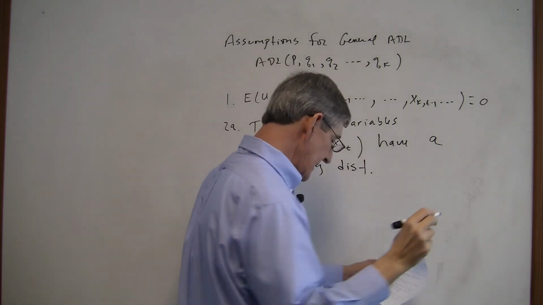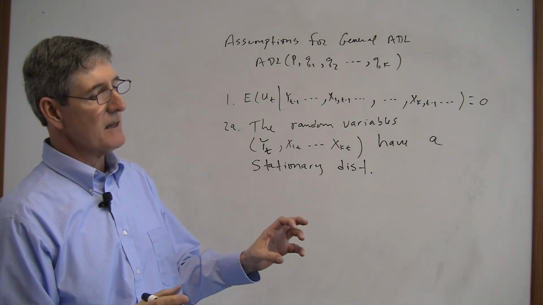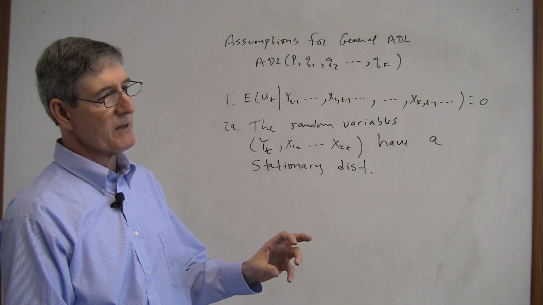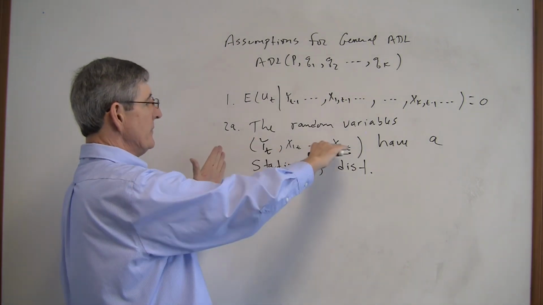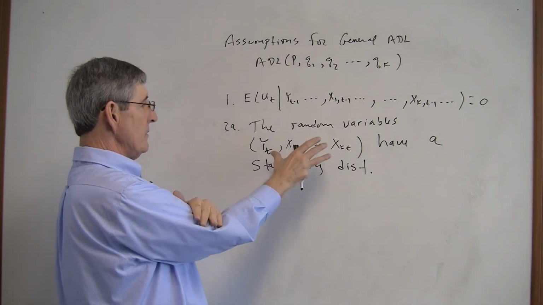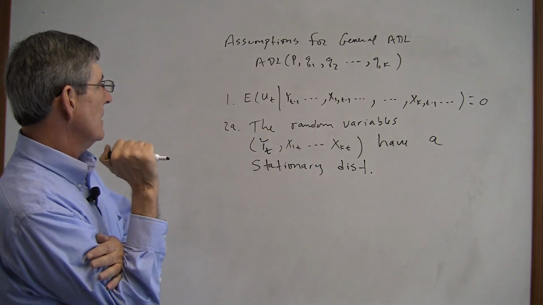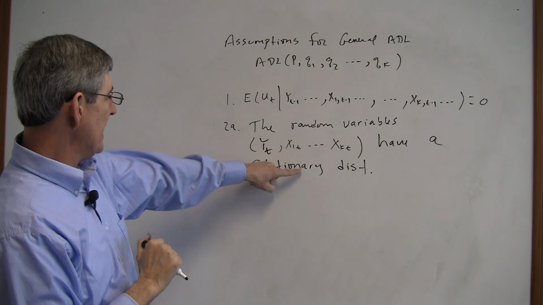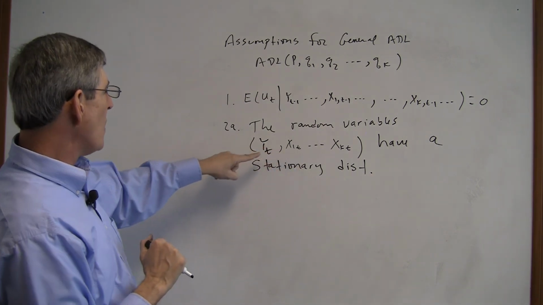This is in some sense replacing the IID assumption that we've used up to this point. So up to now, we've said that these variables are independently and identically distributed. Identically comes from the stationary part. We're allowing them to have some correlation, though.